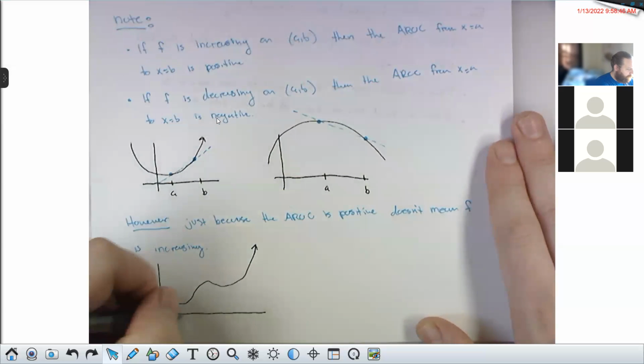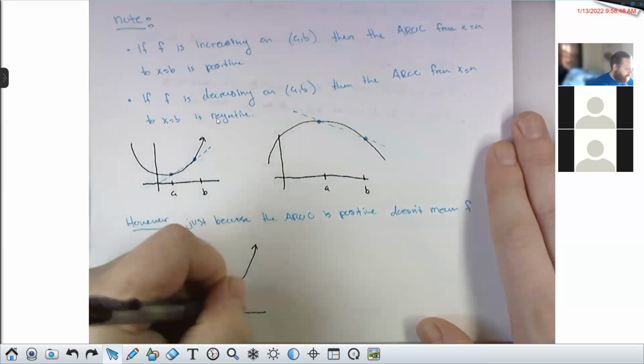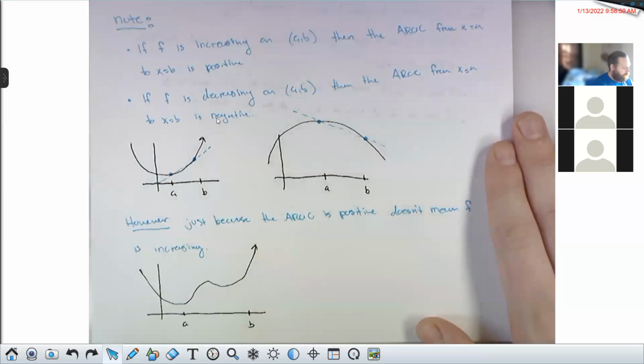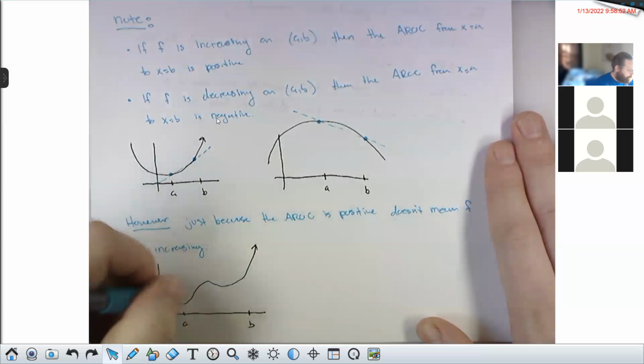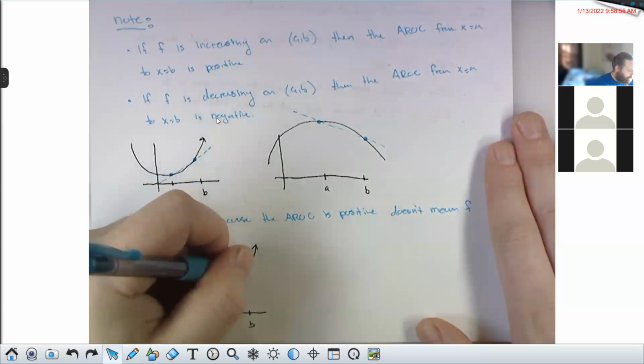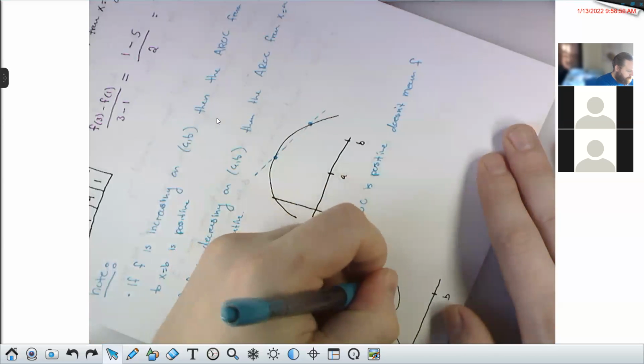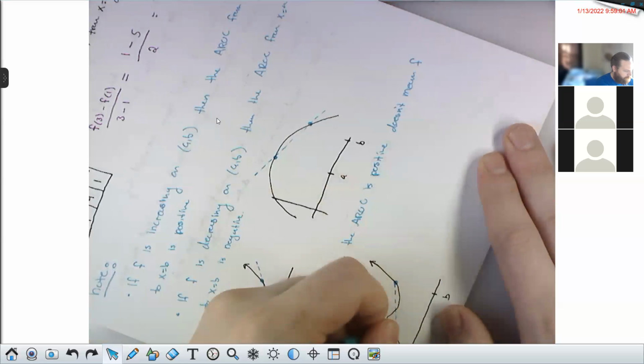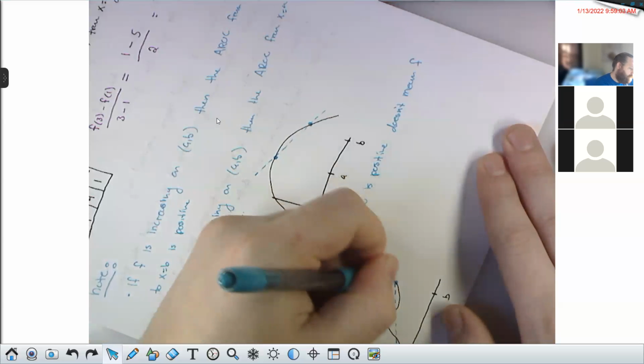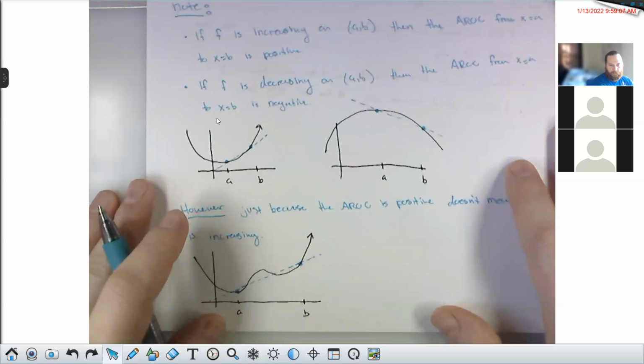All right, so if I look from A here to B here, this average rate of change, the slope of this dotted secant line is positive.